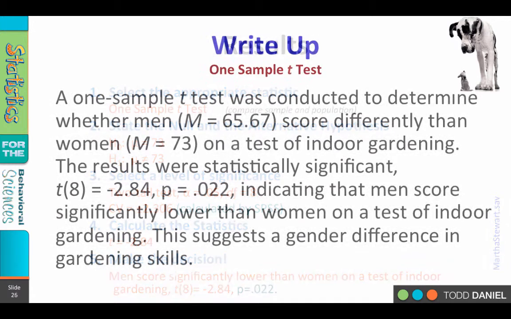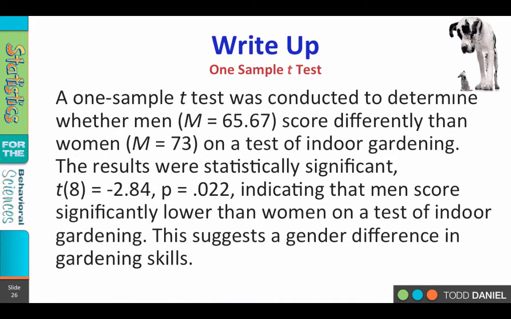And here is what our full APA write-up would look like. A one sample t-test was conducted to determine whether men, mean of 65.67, scored differently than women, mean of 73, on a test of indoor gardening. The results were statistically significant. T with 8 degrees of freedom equals negative 2.84, probability equals 0.022, indicating that men score significantly lower than women on a test of indoor gardening.